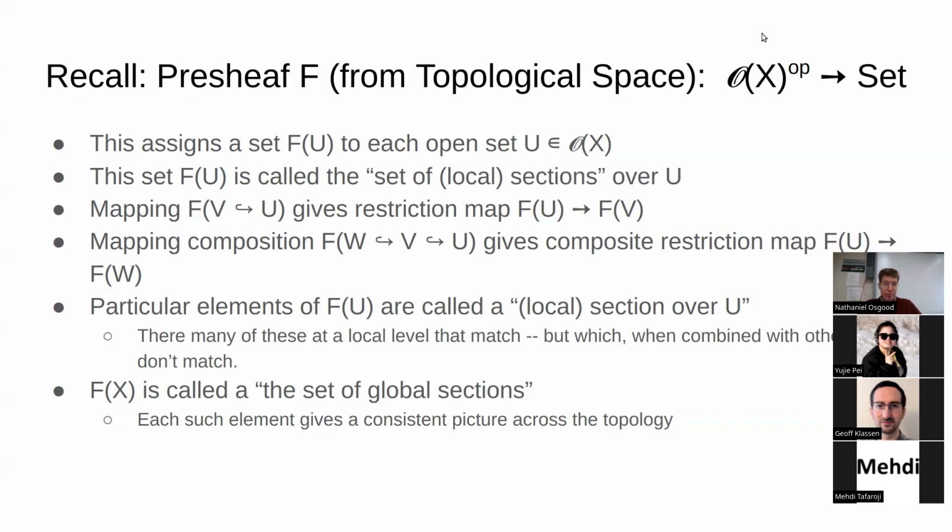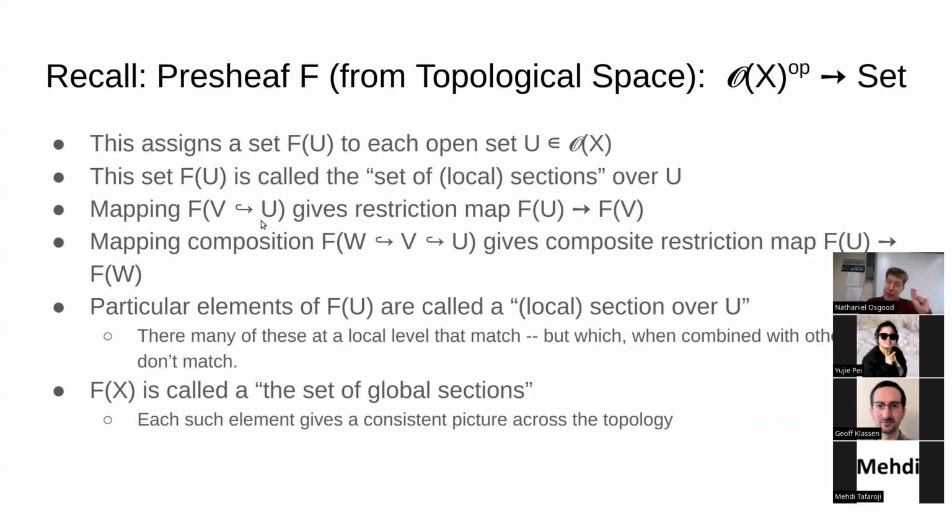If we imagine a pre-sheaf from that into Set, it assigns to each object in this category, what's an object in this category? It's a set. In fact, it's an open set of the topology, and it maps it into some set in the category Set. And we call that the local section over open set U.